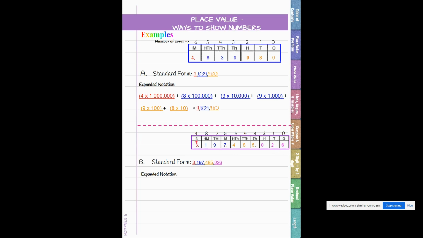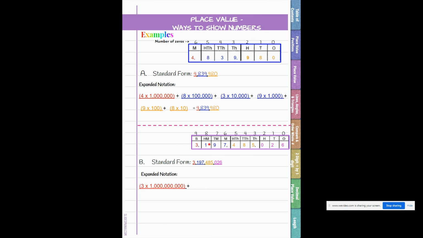So we first begin with the 3 in the billions place. So we're going to multiply 3 times a billion. How many zeros are in a billion? There are 9. So I write 3 times 1 billion, and I place my parentheses. Then I place my plus symbol next to it.